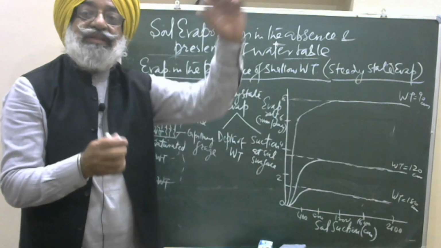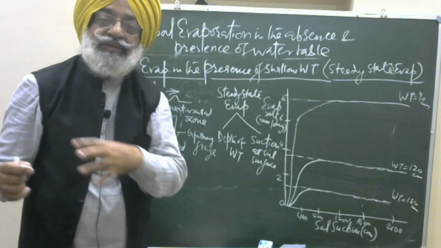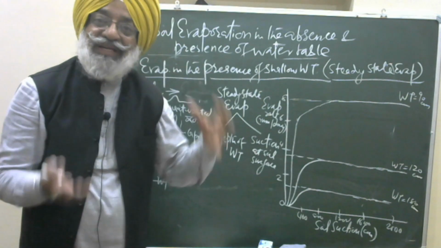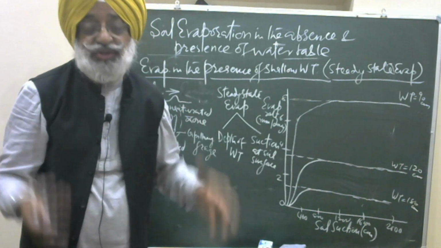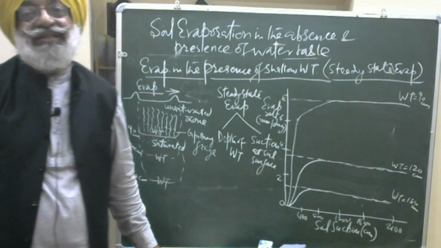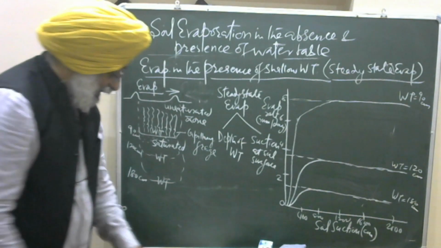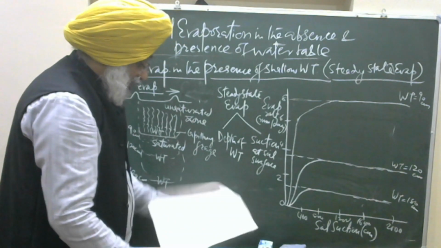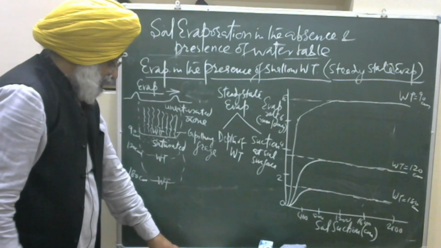So that means the demand is not matching with the supply, because supply is limited by the profile characteristics. Whatever may be the demand, however harsh the evaporativity may be, still there is a certain maximal value of evaporation rate. This is how evaporation depends upon the profile characteristics.